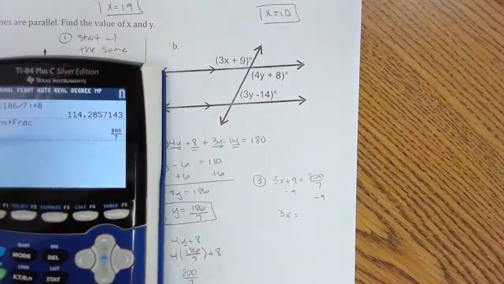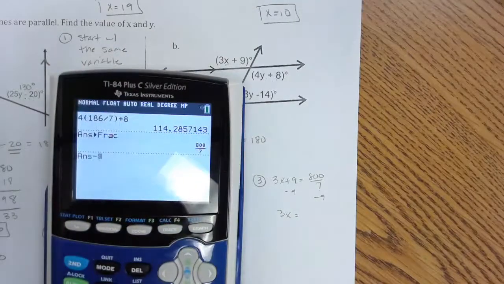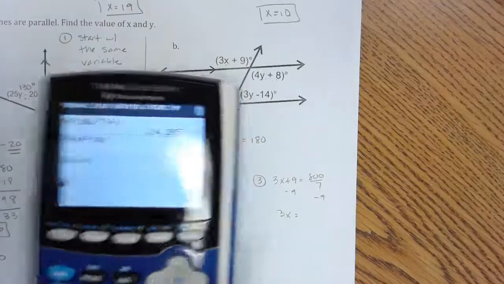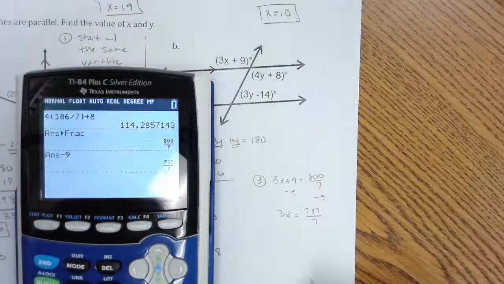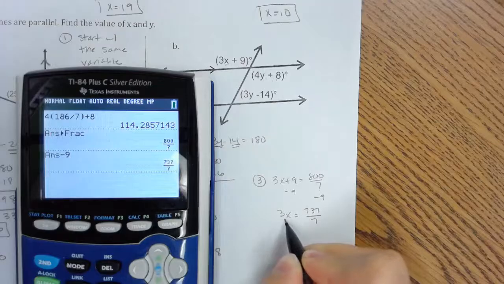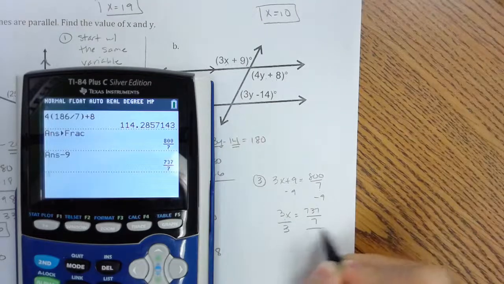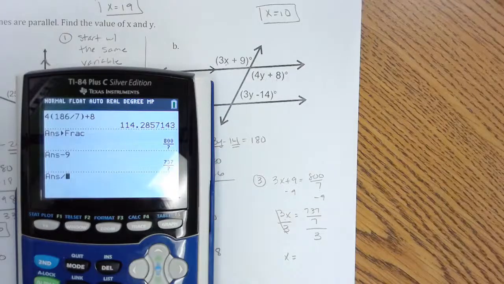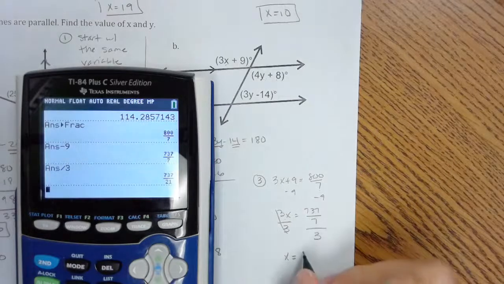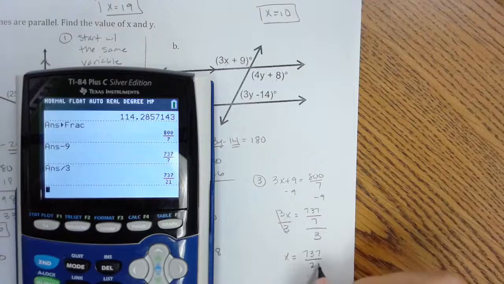So 800 over 7 minus 9 is 737 over 7. And then in order to get rid of this 3, I need to divide it out, which is 737 over 21.